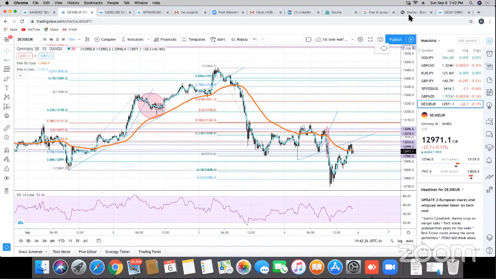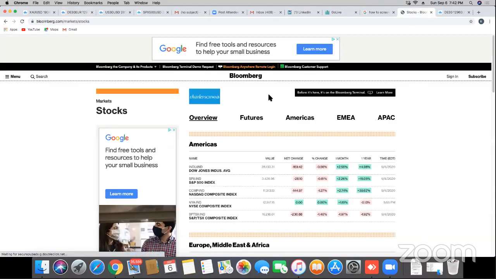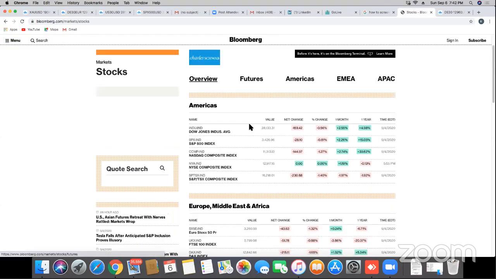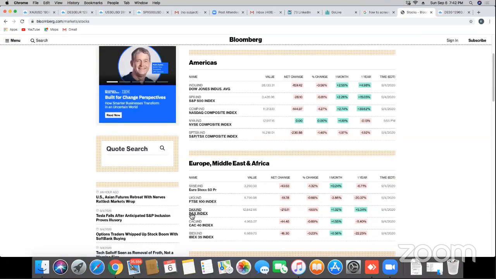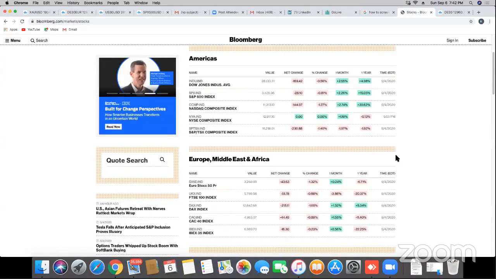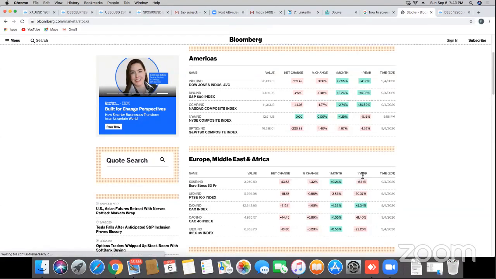The next step is going to Bloomberg, and you click stocks and you look at an overview of the market. What's going on? Just look at information about what might be happening in the market at the time. When you're looking at that, I see different columns: net change, percentage change, and some are green and red. So what are you looking for again on here in Europe, Middle East, and Africa?